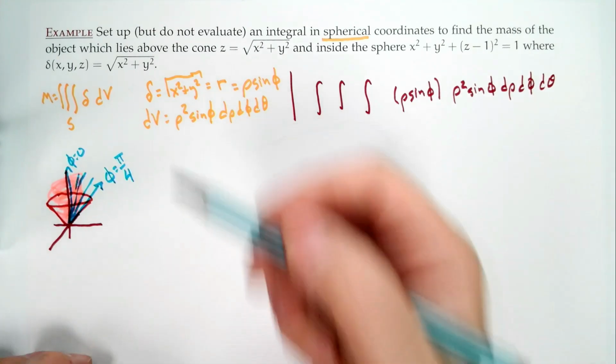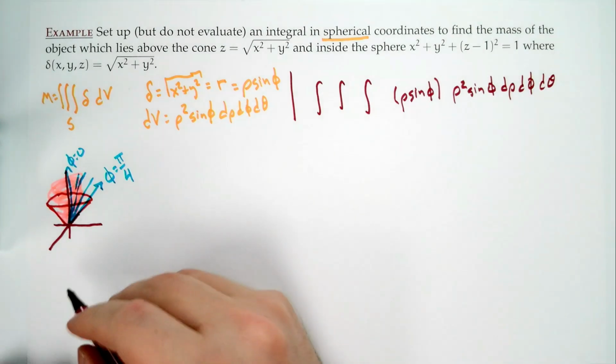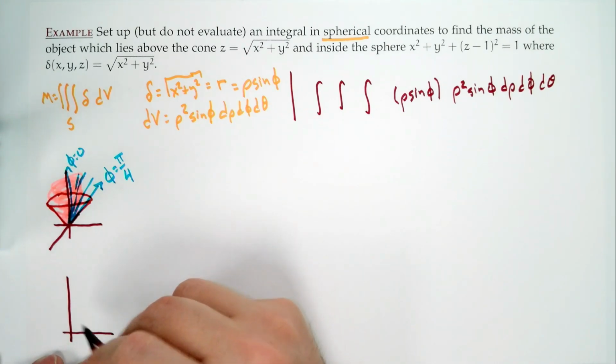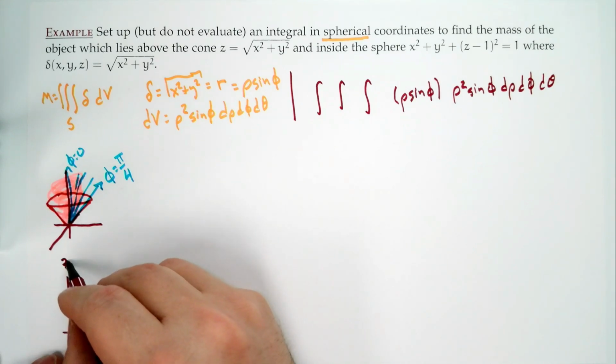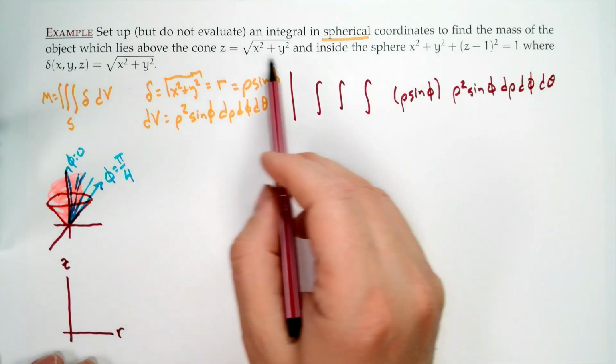You might ask what would happen if it's a different example. The answer is look at a slice. If you're not sure, see what it looks like in the slice. Think of the slice as being r and z, and this becomes z equals r.